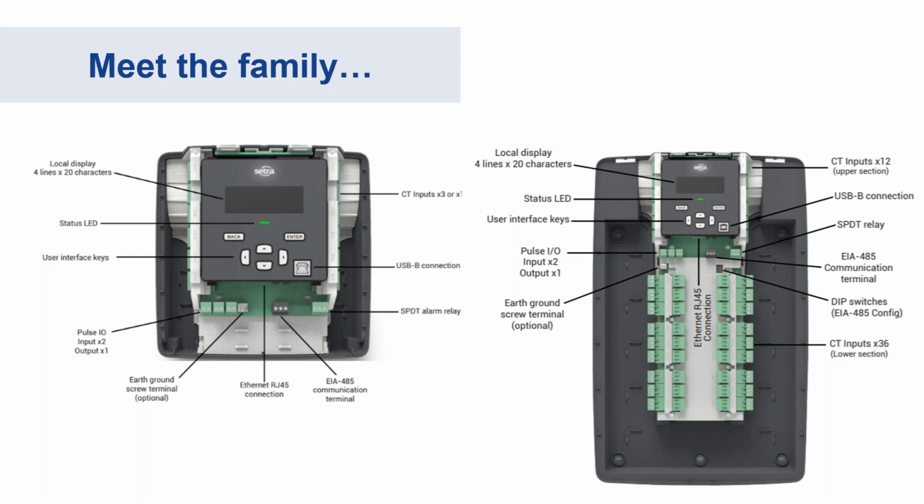It shows on the bottom left under the display where the 2 pulse inputs go and the 1 pulse output, along with earth ground, and then an ability to have your network connections, either Ethernet RJ45 or your Modbus or BACnet RJ45 connectors, or the RS485 for 3-wire connectivity to BACnet MSTP or Modbus, along with an alarm relay output, your USB connectivity, and then where all the CTs land on those removable blocks.